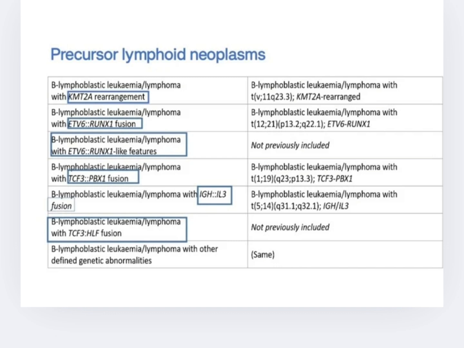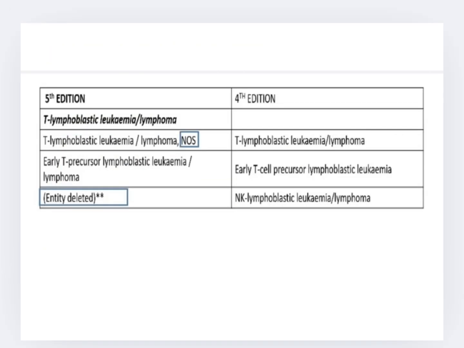Two new entities not previously included are B-ALL with ETV6-RUNX1-like features and B-ALL with TCF3-HLF fusion. Another is that NOS categories are introduced and one entity is deleted, which is NK lymphoblastic leukemia/lymphoma. So these are the main key features of the 5th edition of the WHO classification for B-ALL and T-ALL.